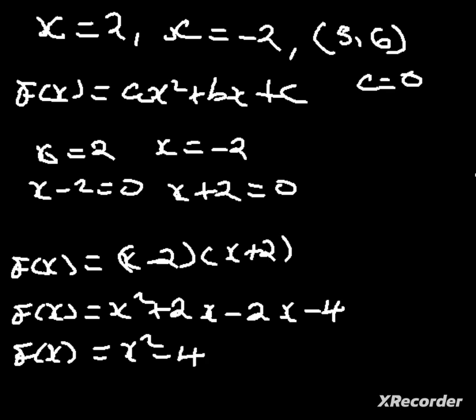Now as you can see, we have the y-intercept given as negative 4, but we are told that the graph passes through the point (5, 6), where the y-intercept is no longer negative 4 but is given as 6. How do you think we should go about that?